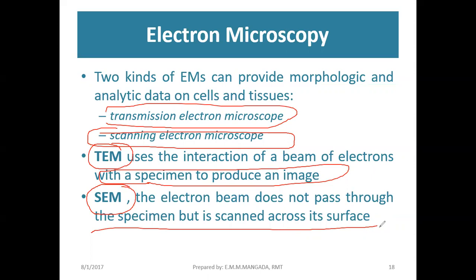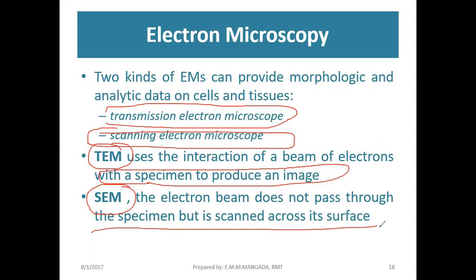So it enables you to scan the surface of your specimen, for example a microorganism you're viewing under the microscope. You can now appreciate its structures outside, or its appendages. For example, if your microorganism is flagellated, you can better appreciate its flagella, how they're connected to its cell membrane, using your SEM.